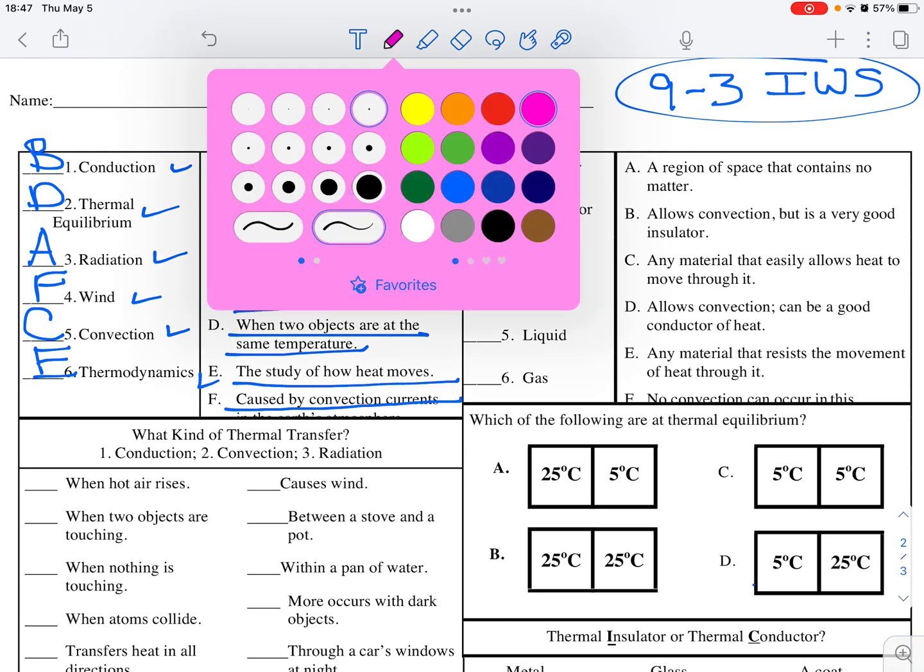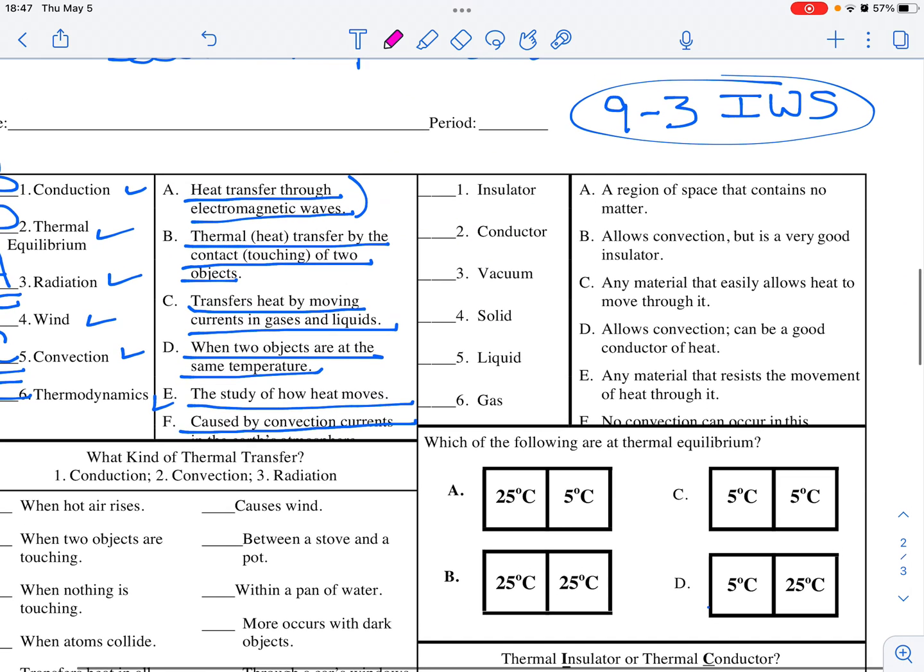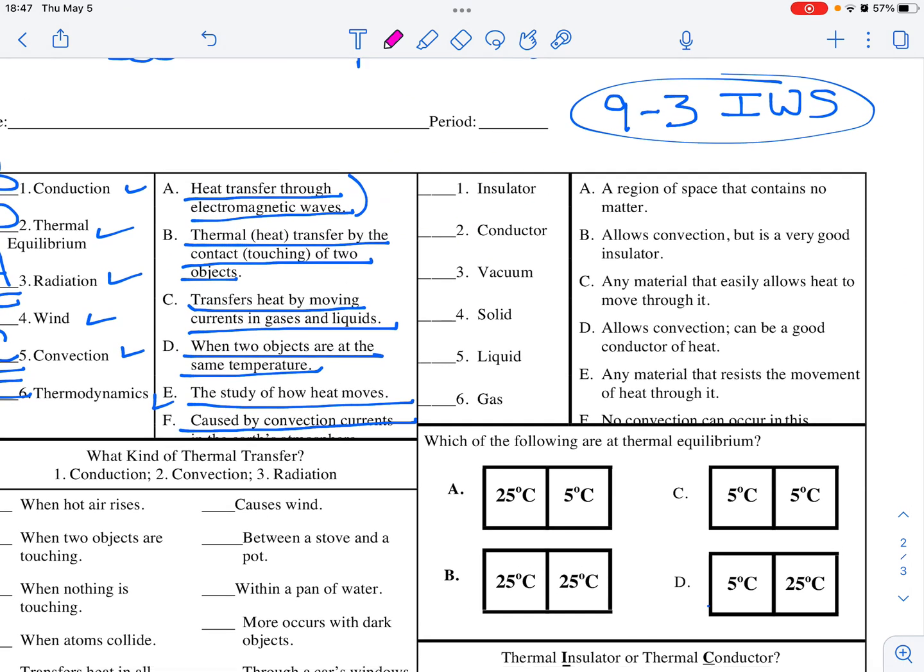Now let's move over to our second batch of matching. We've got the terms insulator, conductor, vacuum, solid, liquid, and gas. Let's take a look at our definitions. What is a region of space that contains no matter?